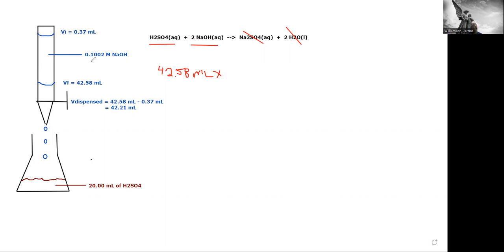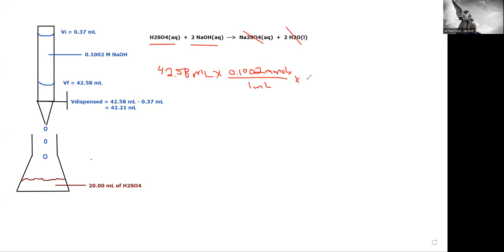And 0.1002 is 0.1002 moles per liter, but that's the same thing as 0.1002 millimoles per 1 milliliter. So I don't even have to convert this from milliliters to liters. I can convert this into millimoles per milliliter.